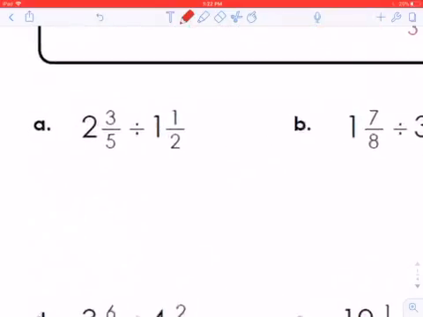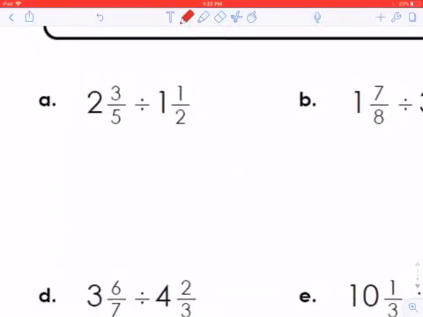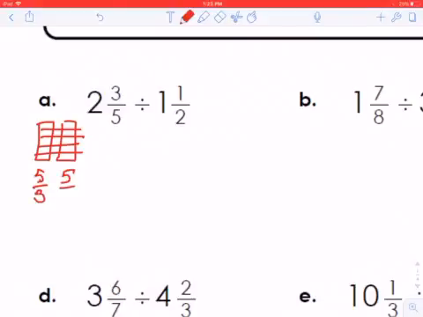Let's take a look at A. First thing to remember here is that I have two whole numbers, right? So one whole number, two whole numbers, and that they are both cut into fifths. So that right there means that I have 5/5 and 5/5. That means that I can multiply 2 times 5, and I will get the appropriate number, 10/5.